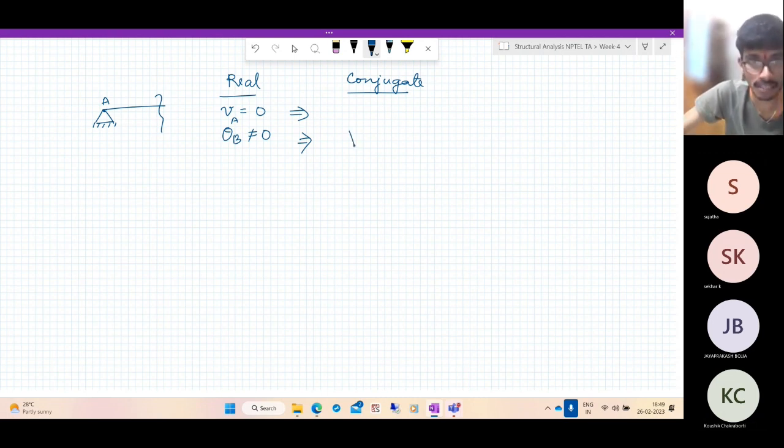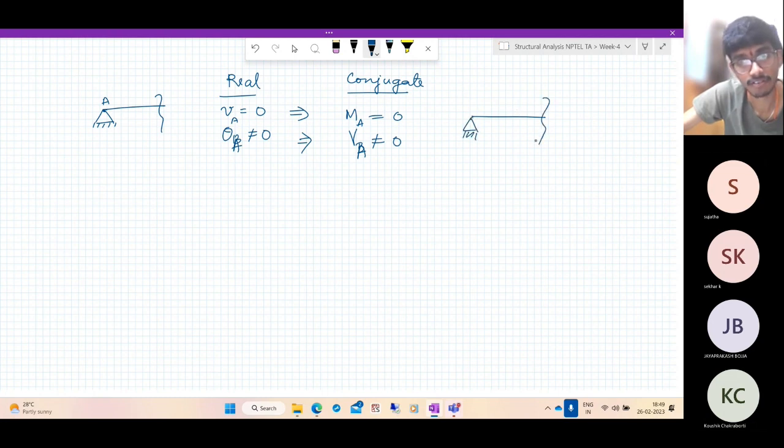So the shear force V on the conjugate beam is not 0, and the moment is 0. Which type of boundary condition simulates this? It's the same thing: the shear force is non-zero, that is a vertical force, but the moment is 0.